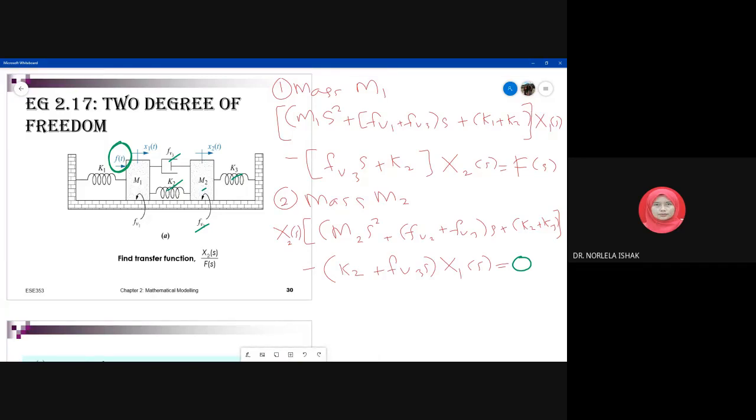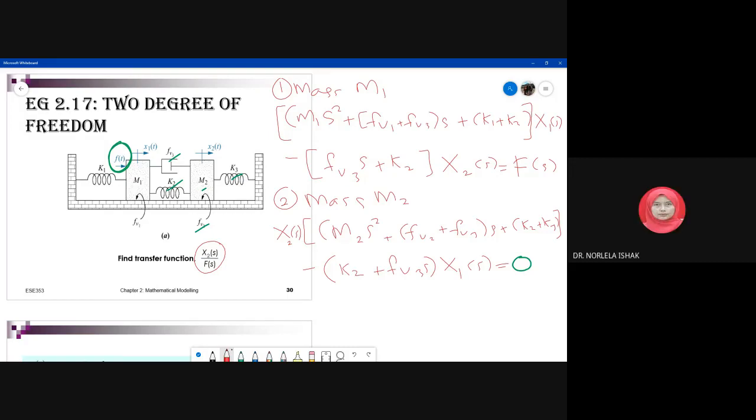And then what's the transfer function we have to define? We have to define this transfer function, X2, meaning motion number 2 over applied force. Okay, so we have two equations. How to solve these two equations? Do you hear before Cramer's rule?